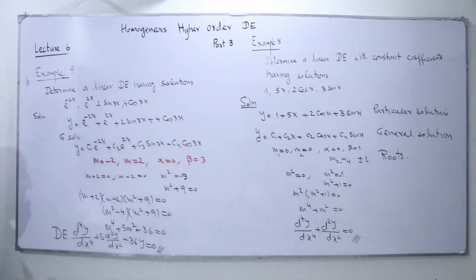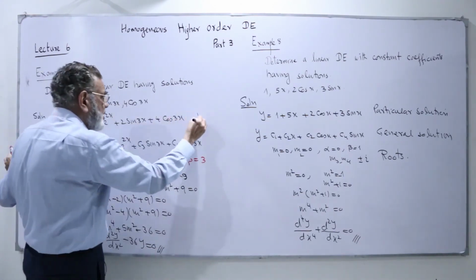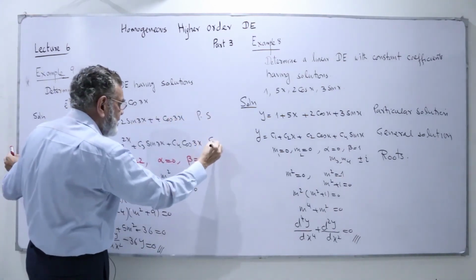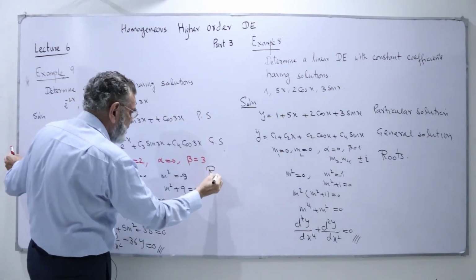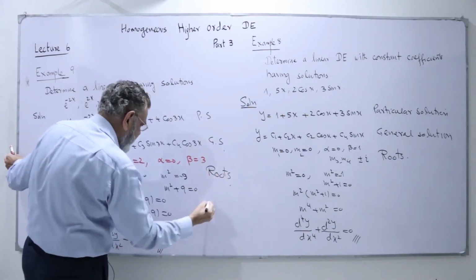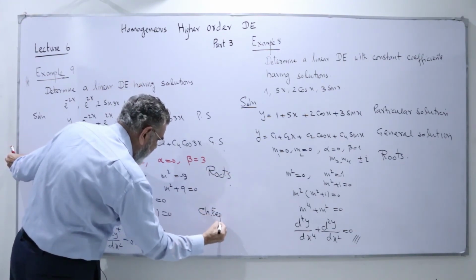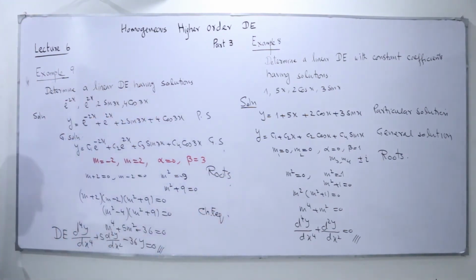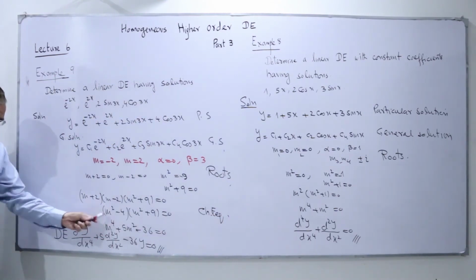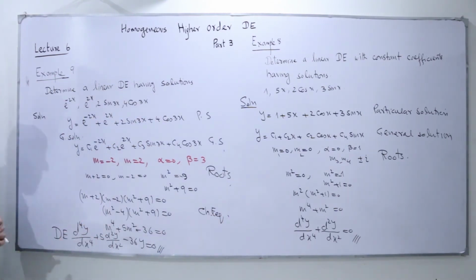This is my differential equation. Again, we have the same: this is my particular solution and this is my general solution. These are my roots and this is my characteristic equation. Then I can write my differential equation replacing m square by the second derivative, m4 by the fourth derivative. To construct the differential equation, we go from bottom to top.